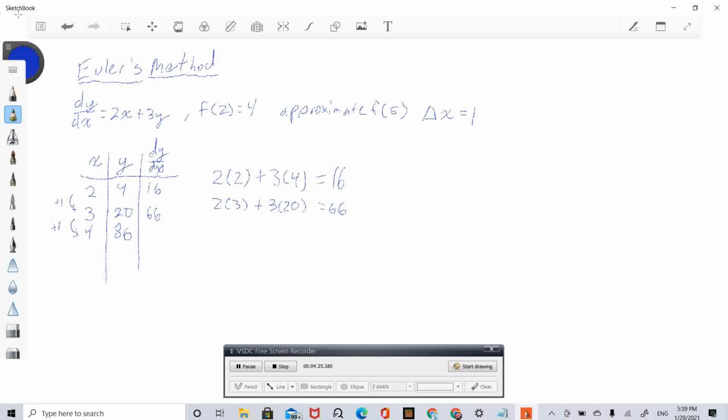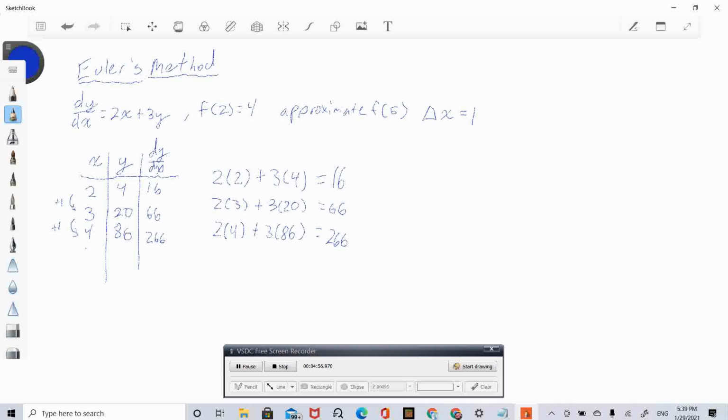And let's get another derivative to improve our approximation before the final step. So it's 2 times 4 plus 3 times 86. And 3 times 86 is 258, plus 2 times 4, which is 8, gives us an approximation of the derivative at this point of 266.